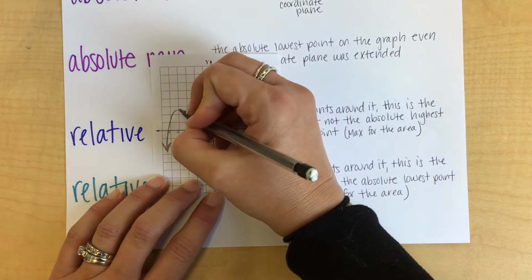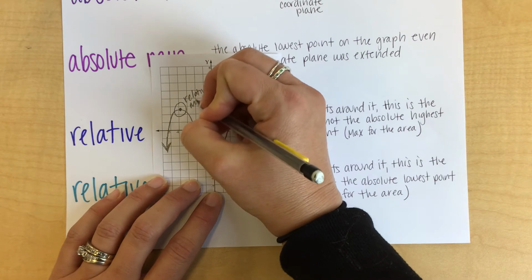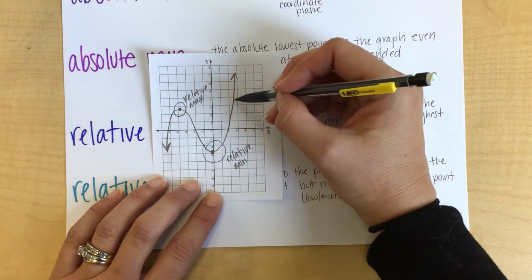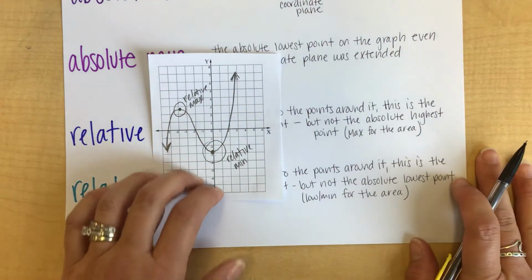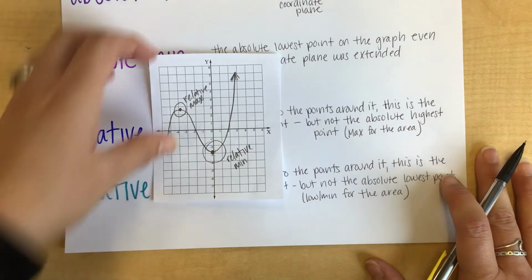Same thing here. This is called your relative max because compared to the points around it, it's the highest point, but you can already see over here the graph is already going up higher than that. So relative min and max means that in that spot on the graph it is the highest or lowest point in that area, but not for the entire graph.